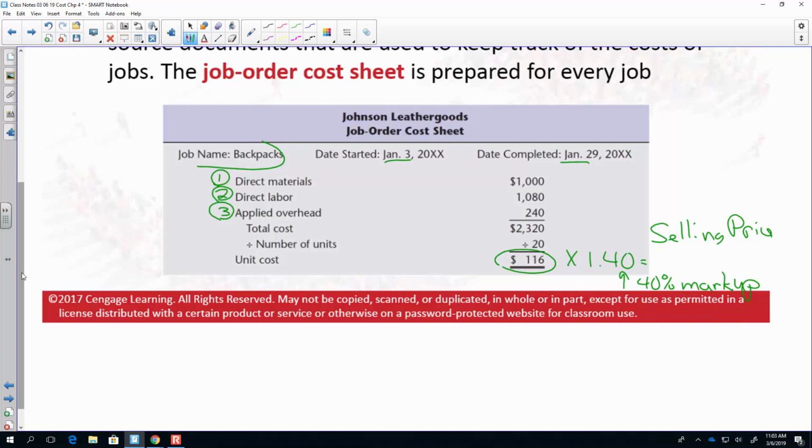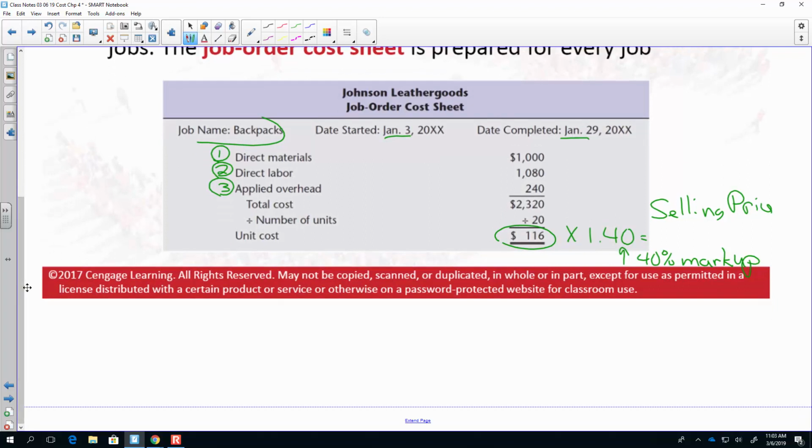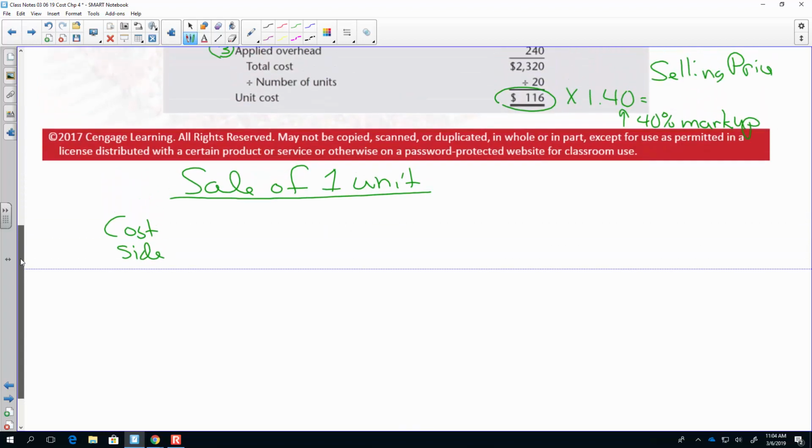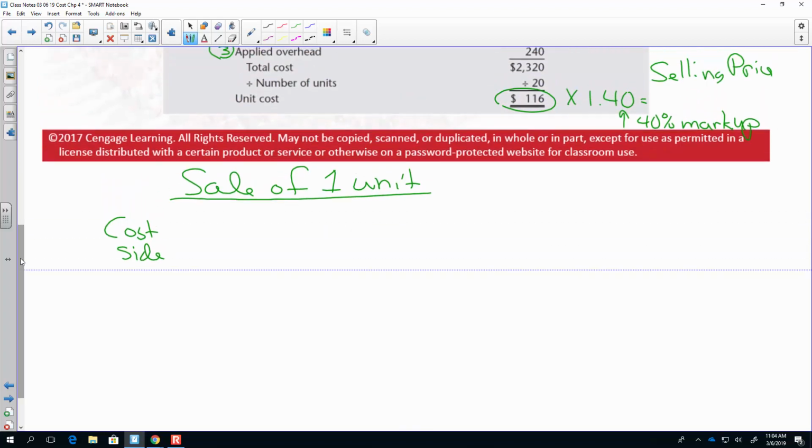Now let's just say I sold one of these units. Let's make it simple. What's my journal entry here to record the sale of 1 unit? Let's do the cost side of the entry first. What's my debit, what's my credit on the cost side?